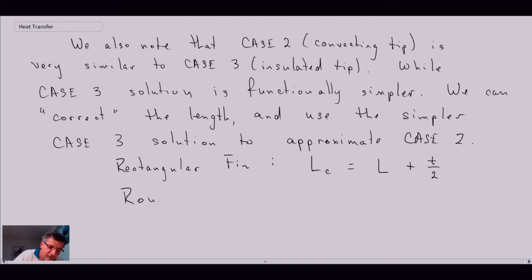And if you have a round fin, again we'll correct the length by taking the diameter and dividing by 4. That is the way that we will correct for the length. And then we can use the simpler case 3 solution, which if you recall was just a hyperbolic tan. And with that, we can introduce the fin efficiency.